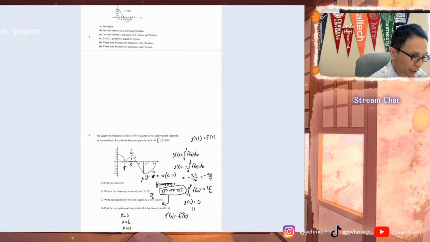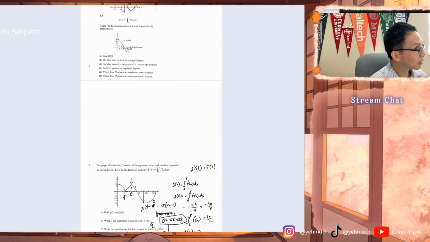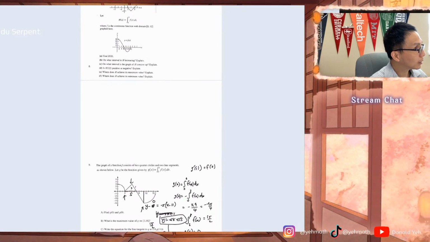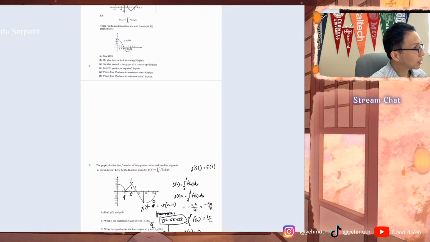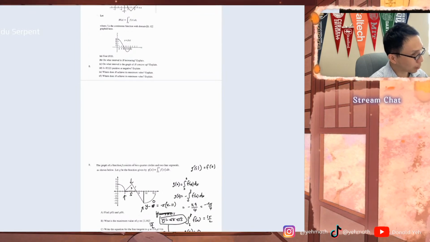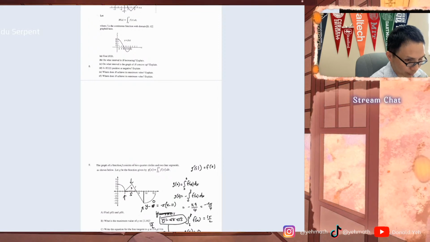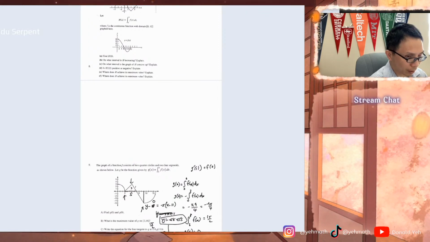Is there another question you want me to go over? Yes. Why wouldn't it matter when looking at the minimum or maximum if there's a sharp turn? Which particular question? I don't know which one you're calling for. You have to tell me which specific one.